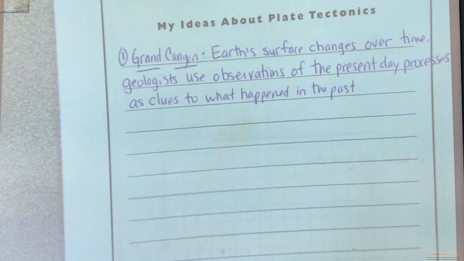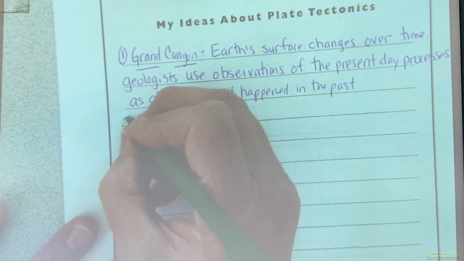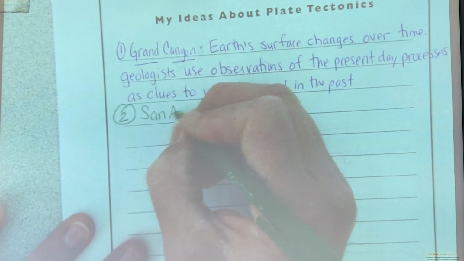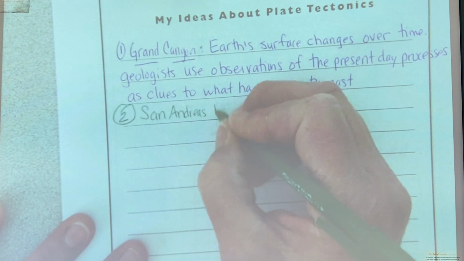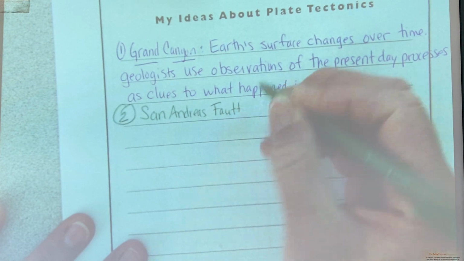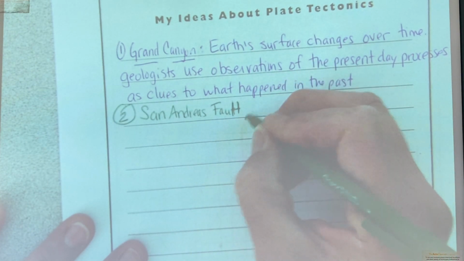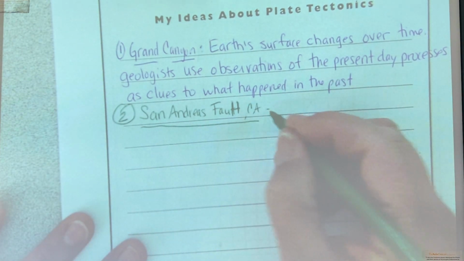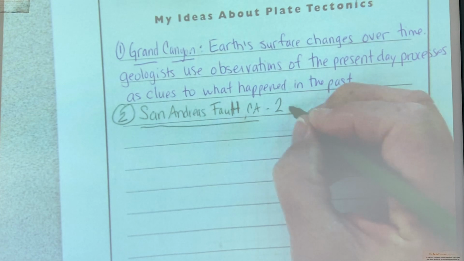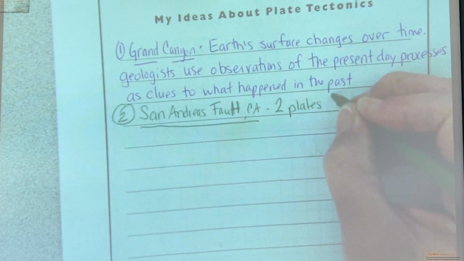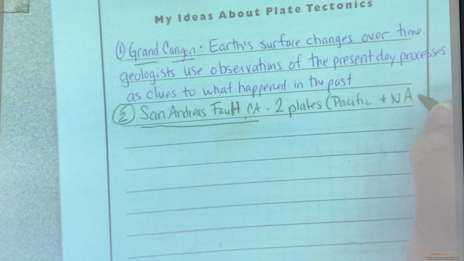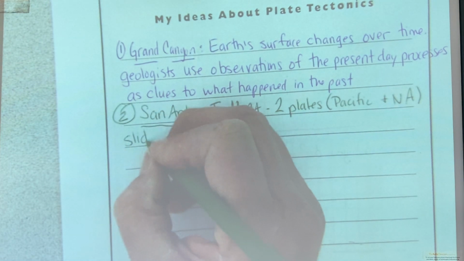The next place we went was the San Andreas Fault, which was the Point Reyes fence. And that's in the hyperdoc. We saw two plates, Pacific and North American, sliding past.